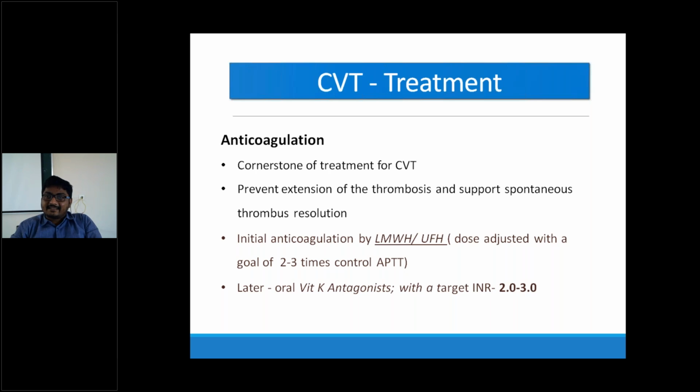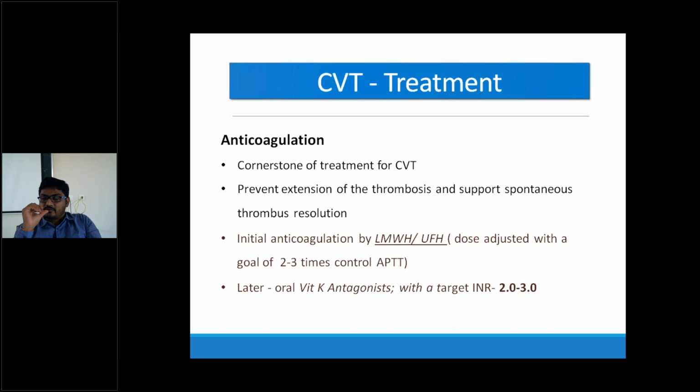Name some factor 10A inhibitor drugs. Rivaroxaban, apixaban. See, rivaroxaban, apixaban, in that Xa is there, no? So you remember factor 10A inhibitors, right? Apixaban. Now you are using apixaban for COVID patients, right? For thrombotic states.